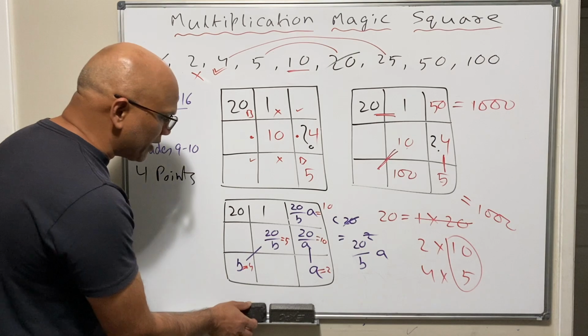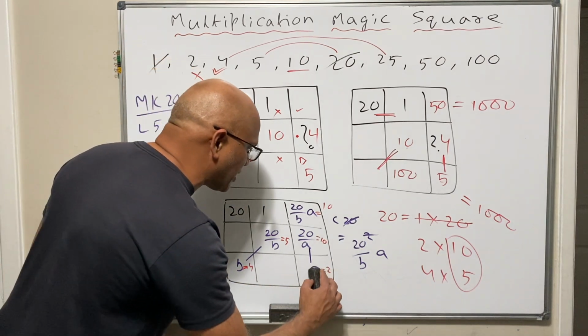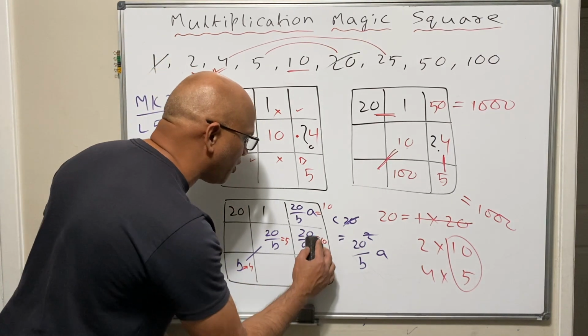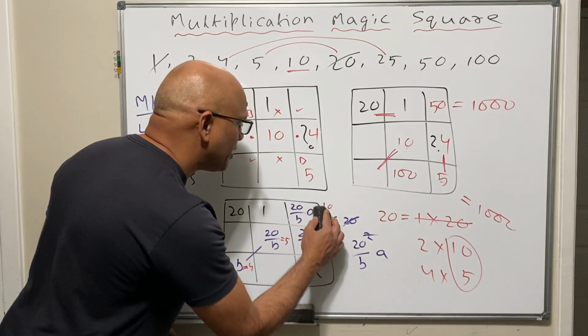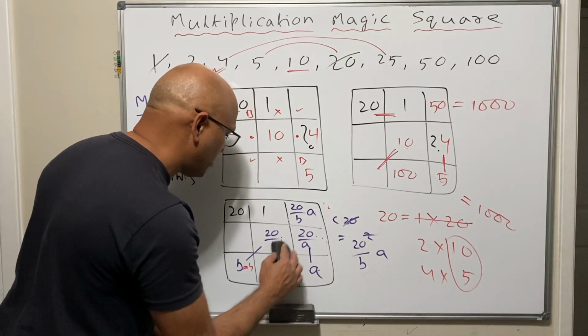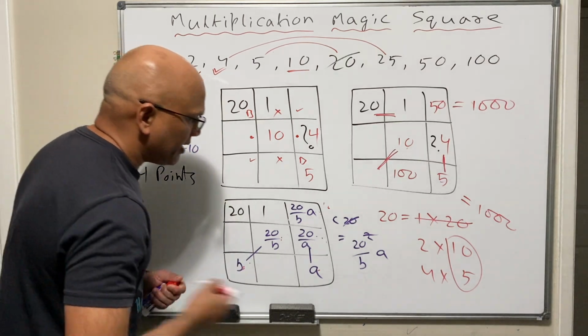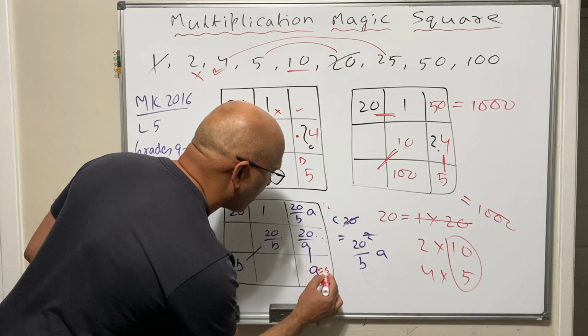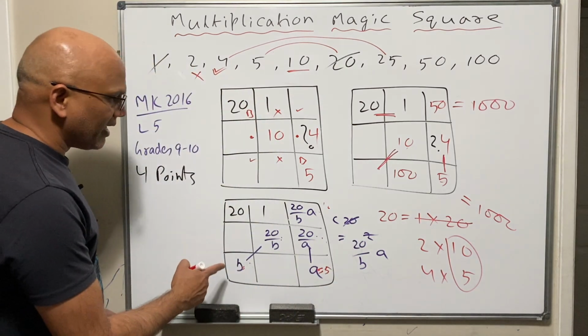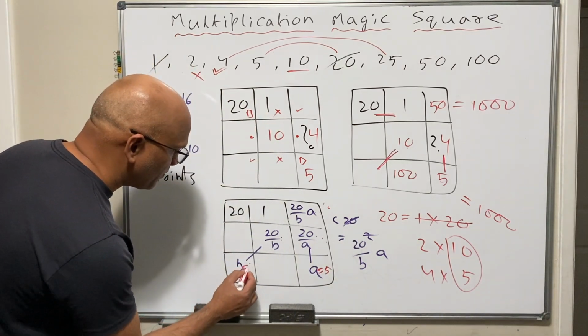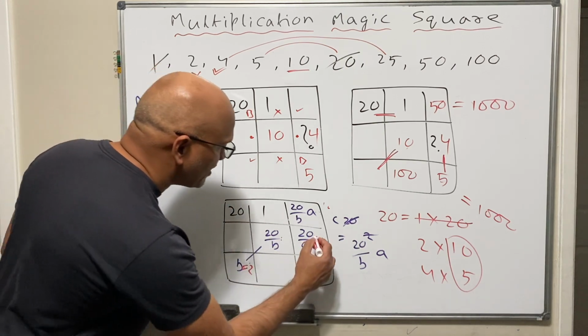Similarly, you can also try the other combinations and then you will see that the only one that works is this has to be 5, and this has to be 2. So if this is 5, this is going to be 4.